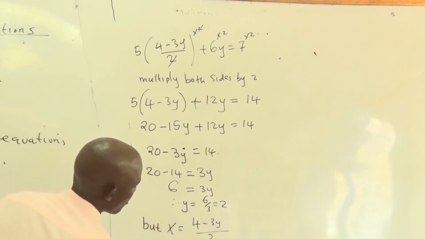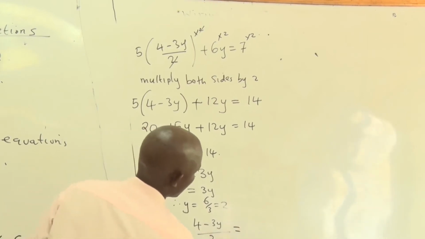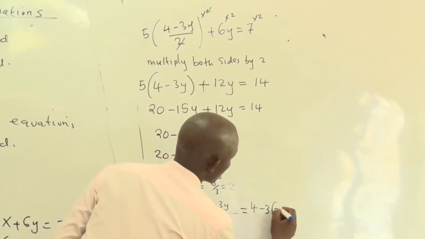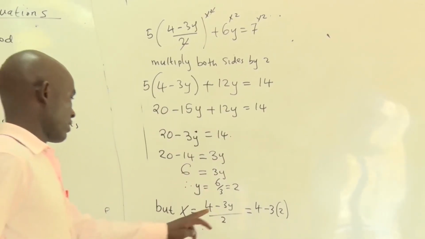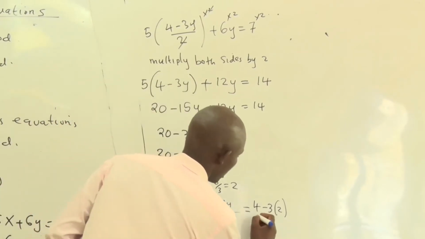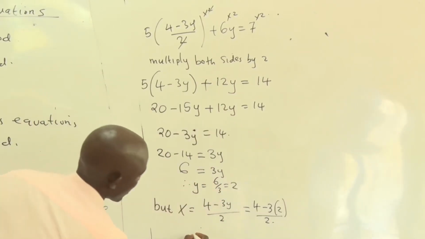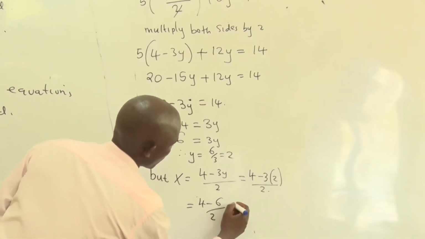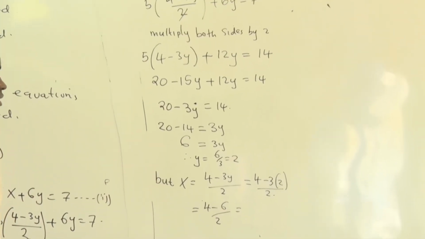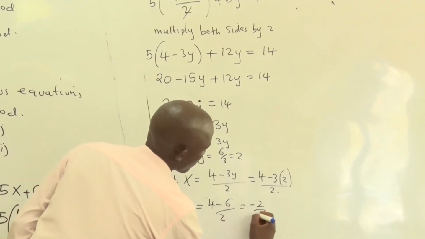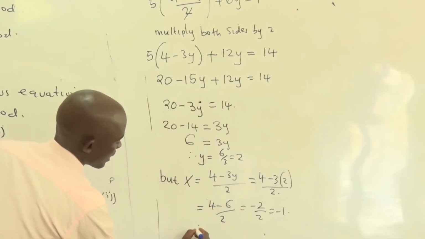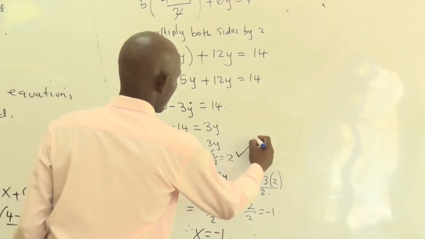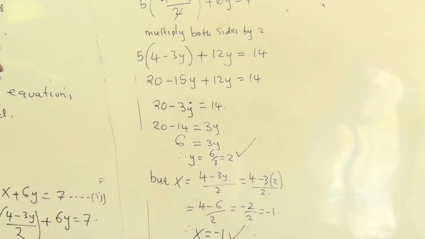You can write it here as 4 minus 3 into 2, remember the value of y is 2, so we substitute it there, all over 2. That is the same as 4 minus 6 all over 2, which is minus 2 all over 2, which is equal to minus 1. Therefore, x is equal to minus 1. So the value of y is 2, the value of x is negative 1.